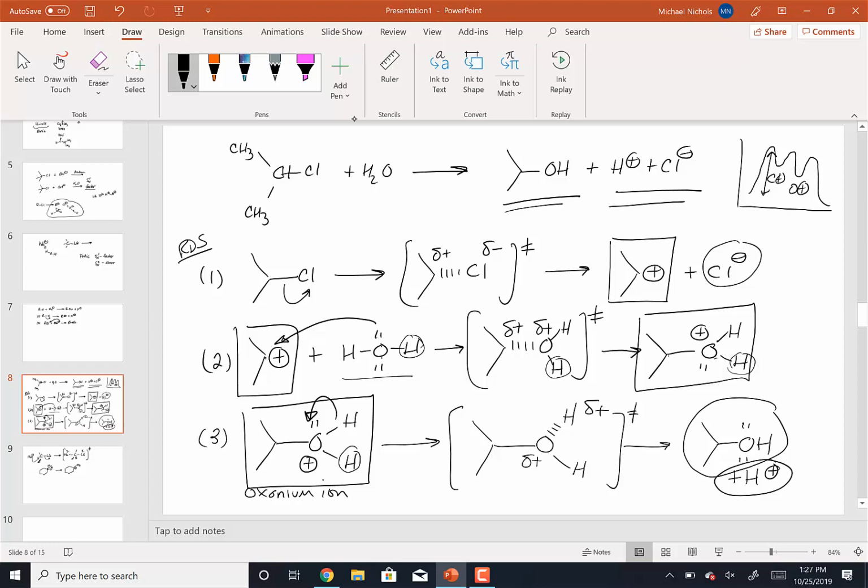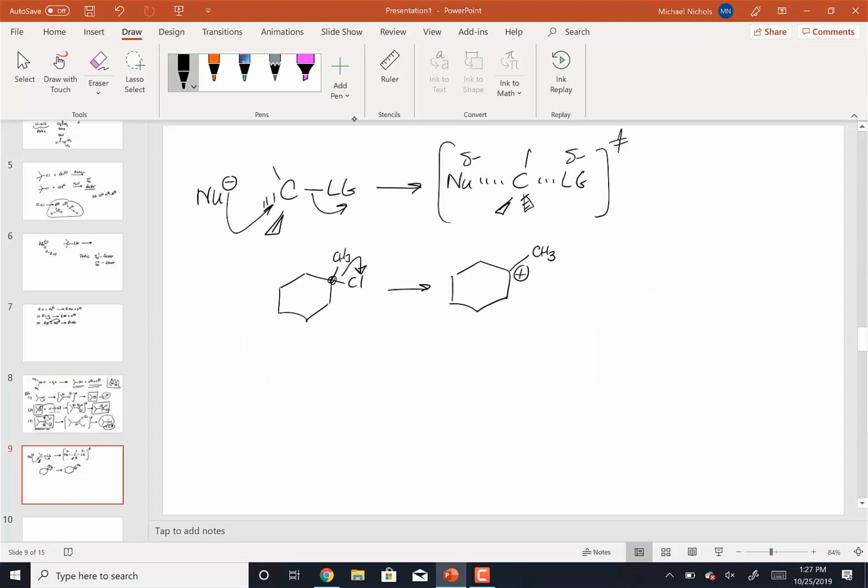You're going to lose that. Okay. So basically, this mechanism is what you're going to write for the practice problems. Only you're going to do it with that chloromethyl cyclohexane.